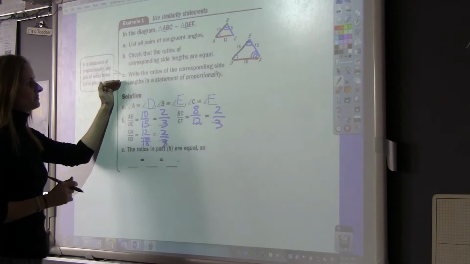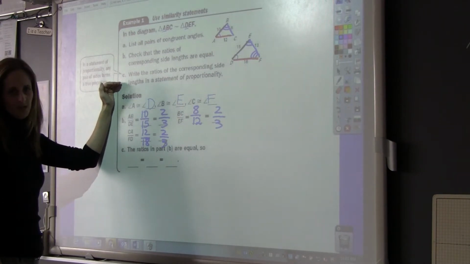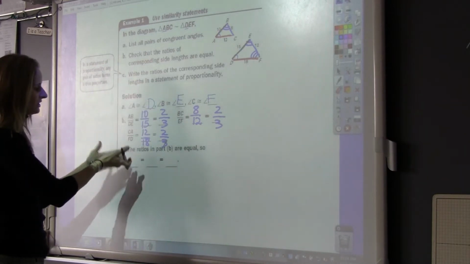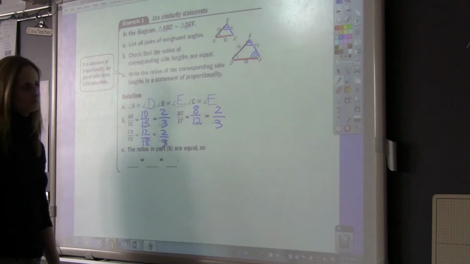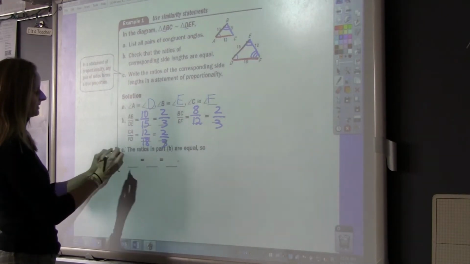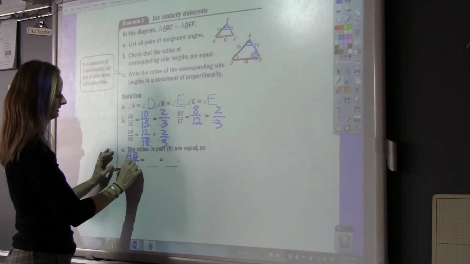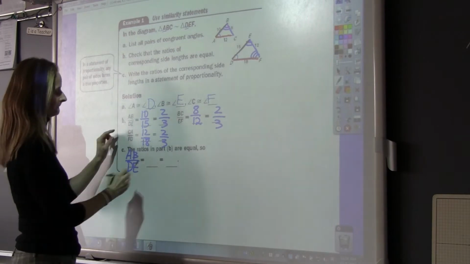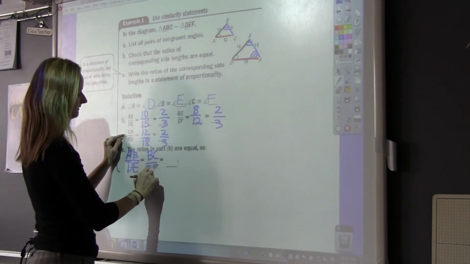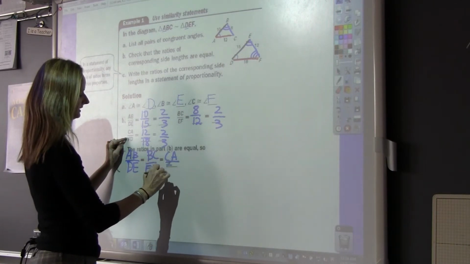C, last thing we're going to do is check the ratios of the corresponding side lengths in a statement of proportionality. And all that means is we're just going to write these ratios down here and say they're equal. Okay? So we could write, they probably want AB over DE is to BC over EF, and that should equal CA over FD.